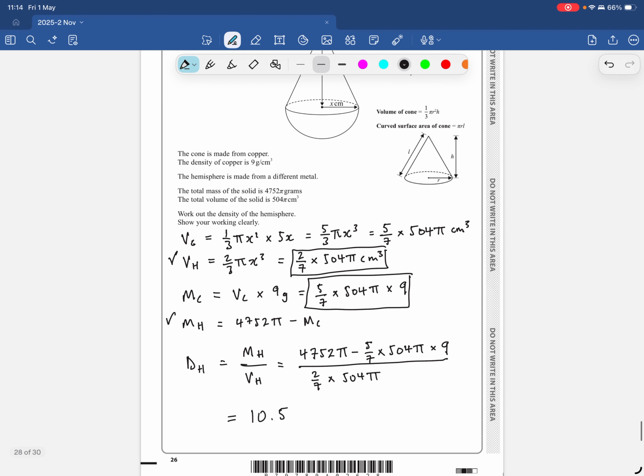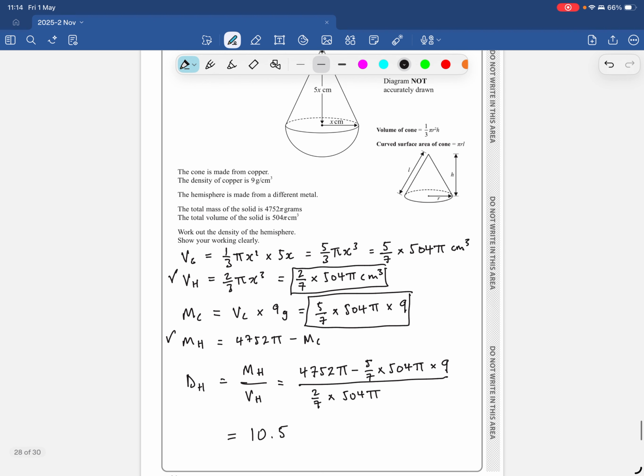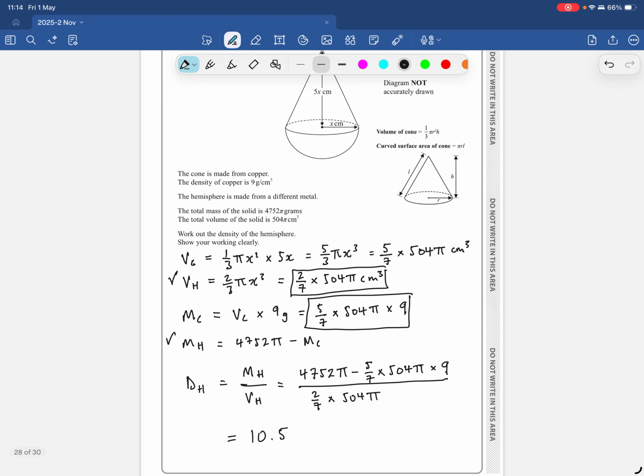So it's really just a question of going carefully and just working out the things you need to work out. I suppose you could go wrong by thinking, because you've got a ratio of 5:2 of the volume of the cone to the volume of the hemisphere, that the mass splits by the same ratio. It doesn't, because it's made of something else.